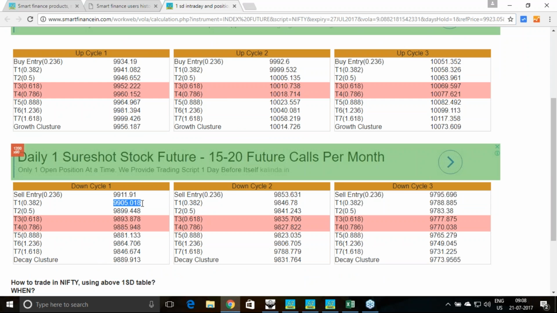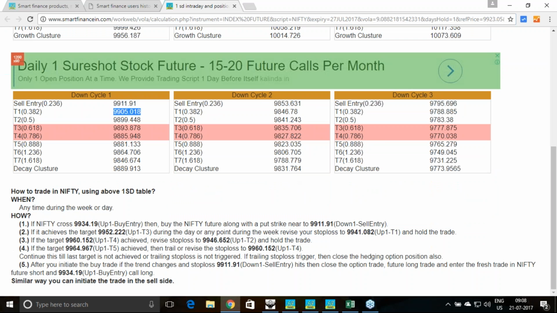I waited for 9905. If you had sold Nifty at 9905, your hedge would be the 9900 call option, and the price came down till the 9864, 65 level. The day's low was almost equal to that.